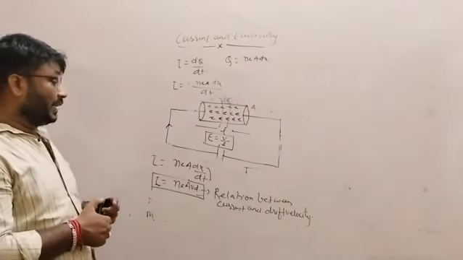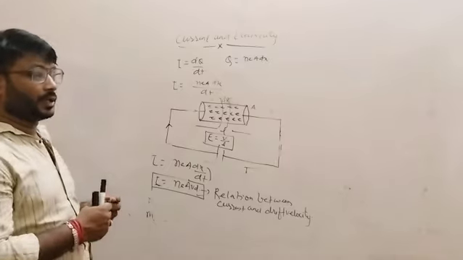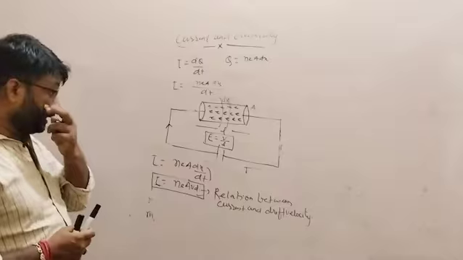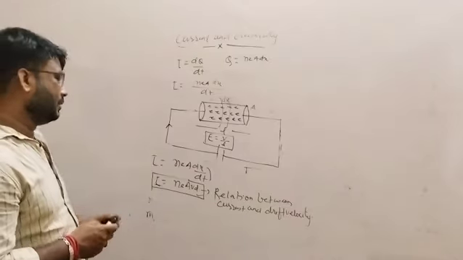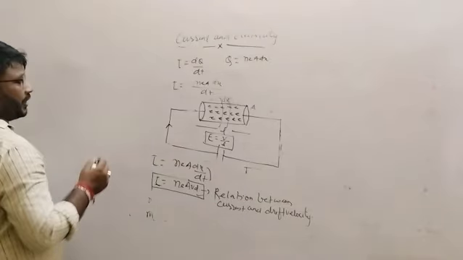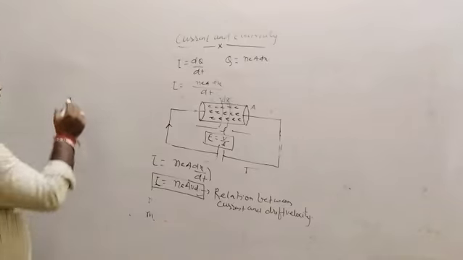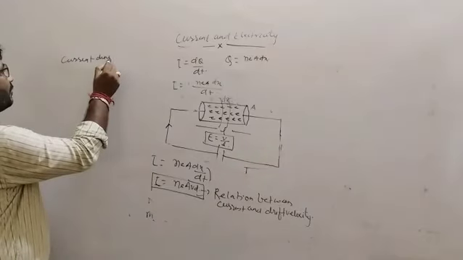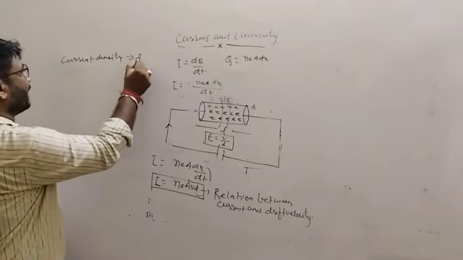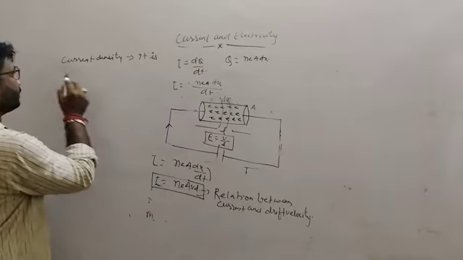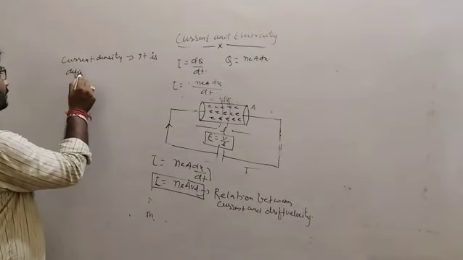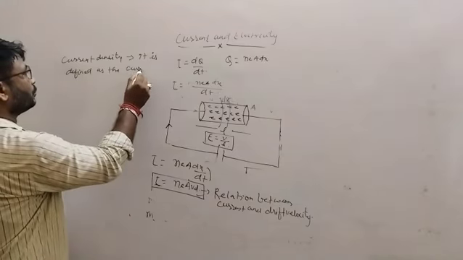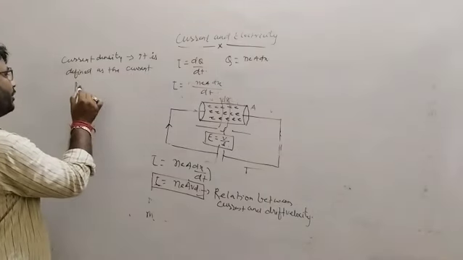Now we will come across one new term in current electricity, that is current density. So what do we mean by current density? Current density is defined as the current per unit area.